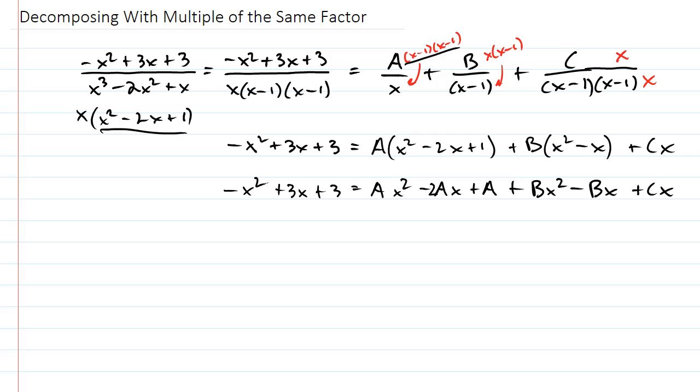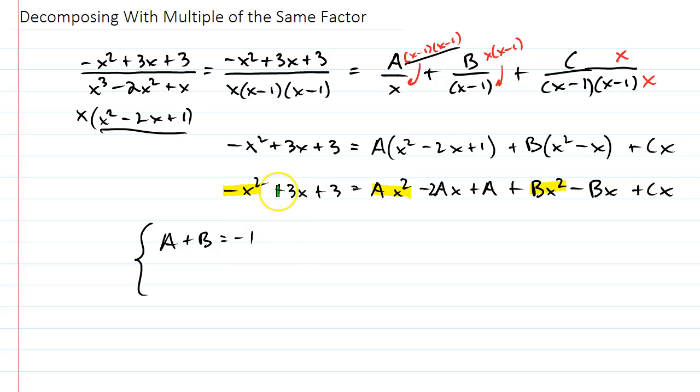All right, and then I'm going to start highlighting things that go together, like negative x squared, ax squared, bx squared. In our system, we're going to be writing a plus b equals negative 1.